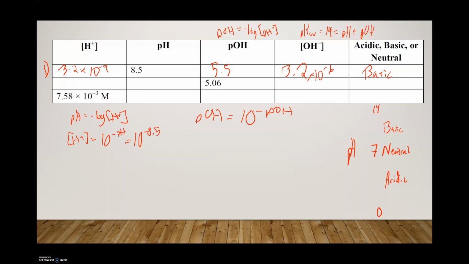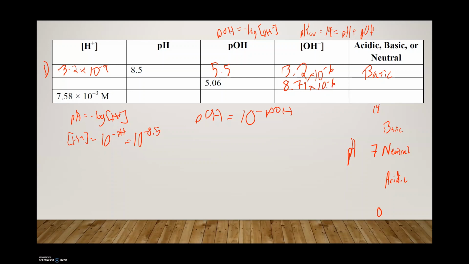Next problem here, we're going to have a pOH of 5.06. Let's go ahead and calculate the hydroxide concentration by taking 10 to the negative 5.06. And what we get is 8.71 times 10 to the negative 6.